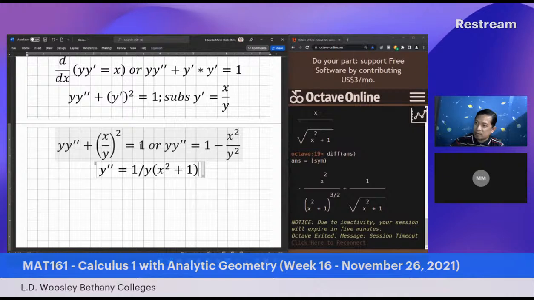Wait. So, ano muna natin? Sige. So, yung y, ano muna natin? So, y prime is equal to, so pwede nating sabihin yan na y squared minus x squared all over y squared. Yan.